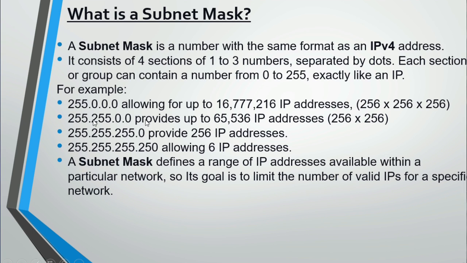So just 6 IP addresses. A subnet mask defines a range of IP addresses available within a particular network. So its goal is to limit the number of valid IPs for a specific network.